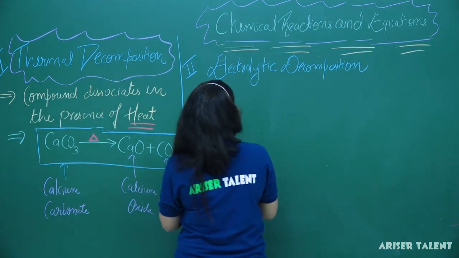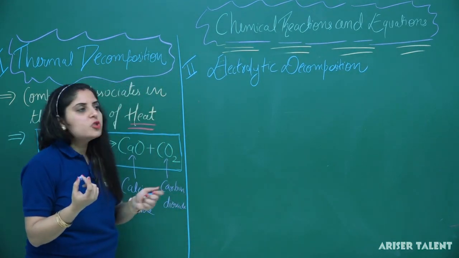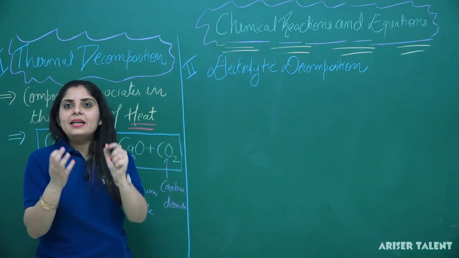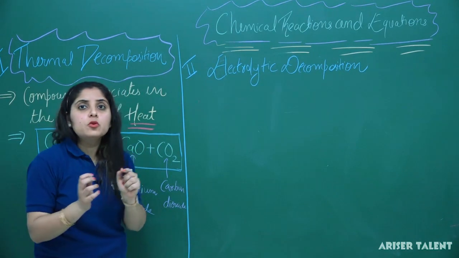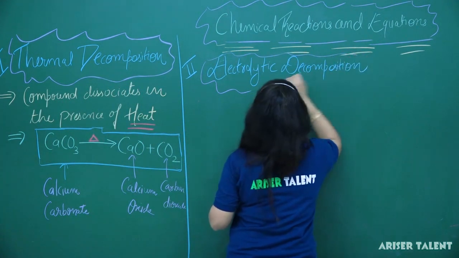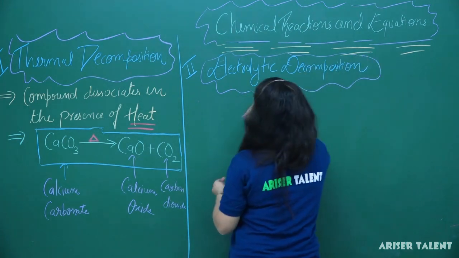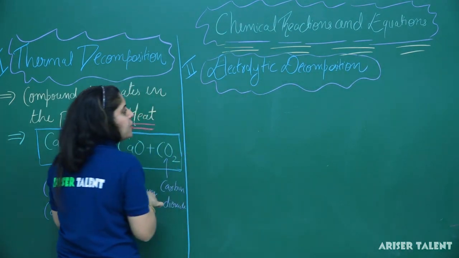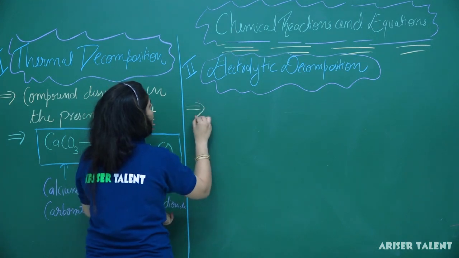So what happens in the case of electrolytic decomposition? As the name indicates, electric current is applied for the decomposition of the particular component. So our next topic is electrolytic decomposition. What are the points to be considered here?